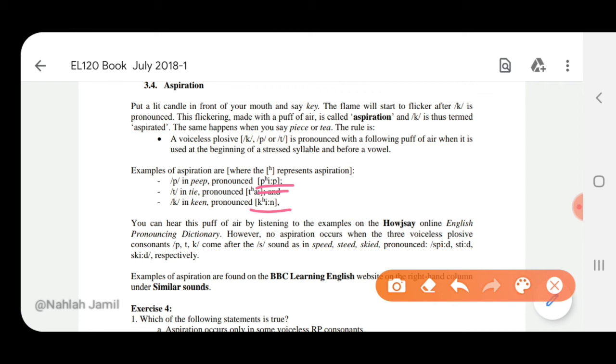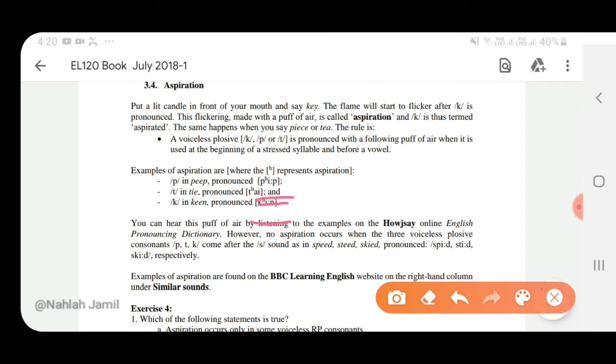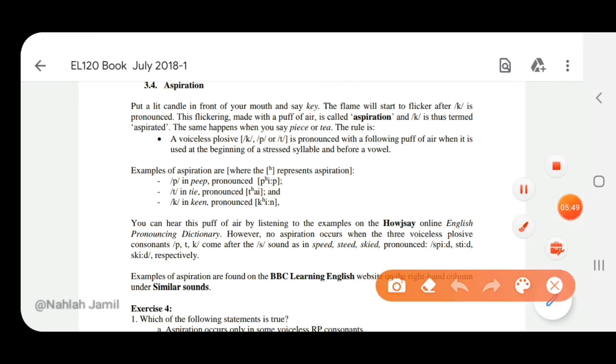Now let's see the examples over here. The first example is "peep". The first p in "peep" is aspirated. The first t in "tie", when you say "tie", keep your finger in front of your mouth and you say "tie". There is a puff of air coming out of your mouth after you say the t.